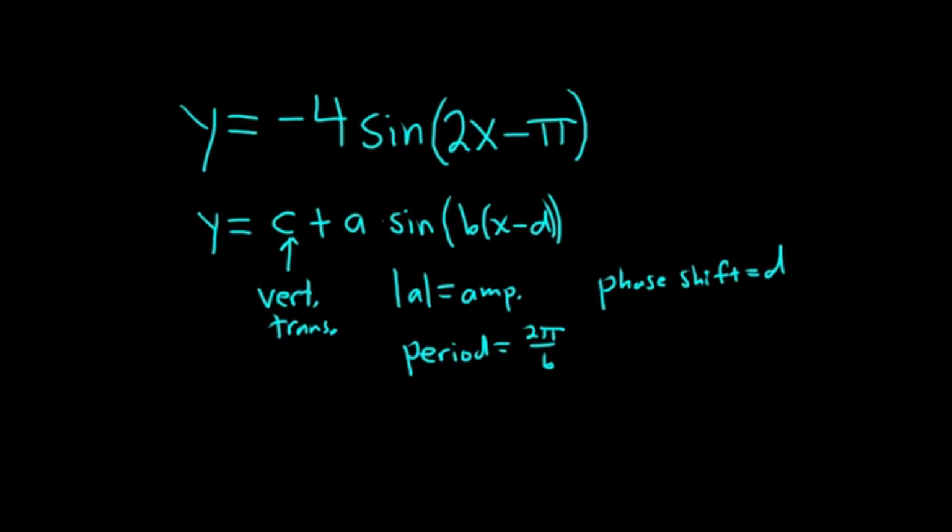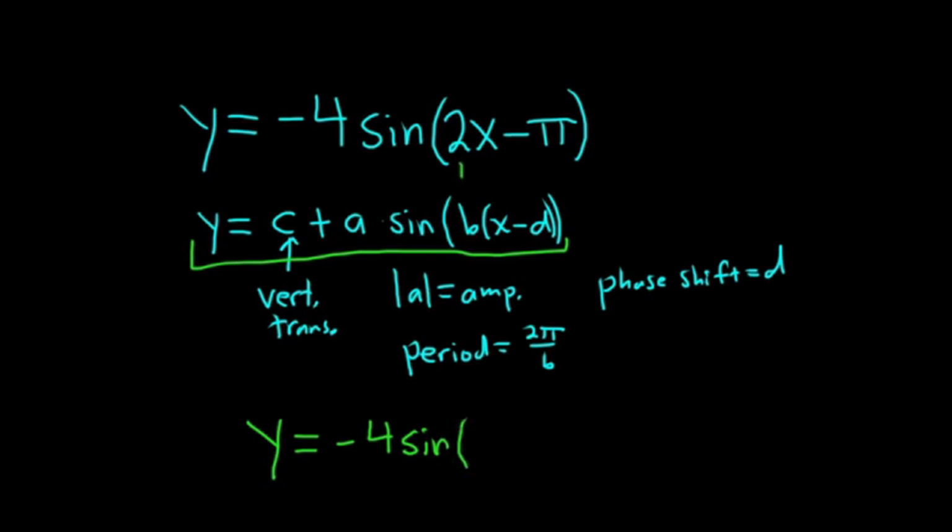So maybe we'll start by rewriting our trig function in a way that fits this form that's in the formula. So the c is 0, so that's not there. So we have -4 sine. And what we can do is pull out a 2, because here there's a parentheses and an x minus d. So we want to create that parentheses.